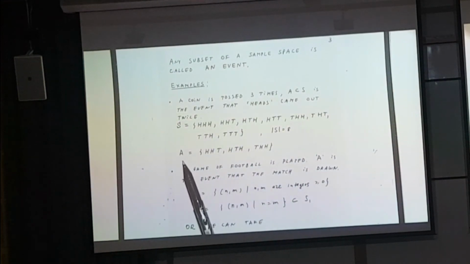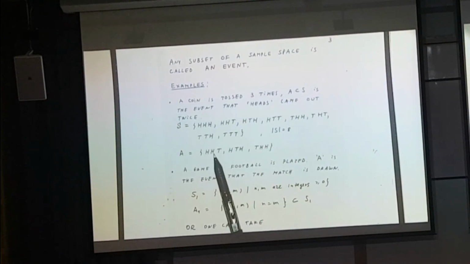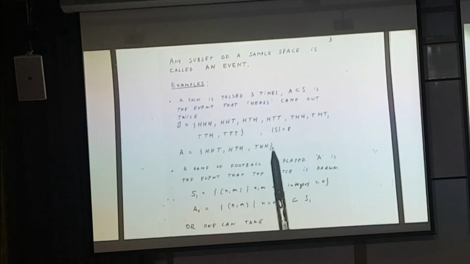So this singles out the subset A, representing this event, which contains all outcomes satisfying this condition. Heads came out twice. So it could be HHT or HTH or THH, because it's not specified in what order they were obtained. So it gives you 3 different points. So it's a subset containing three elements.